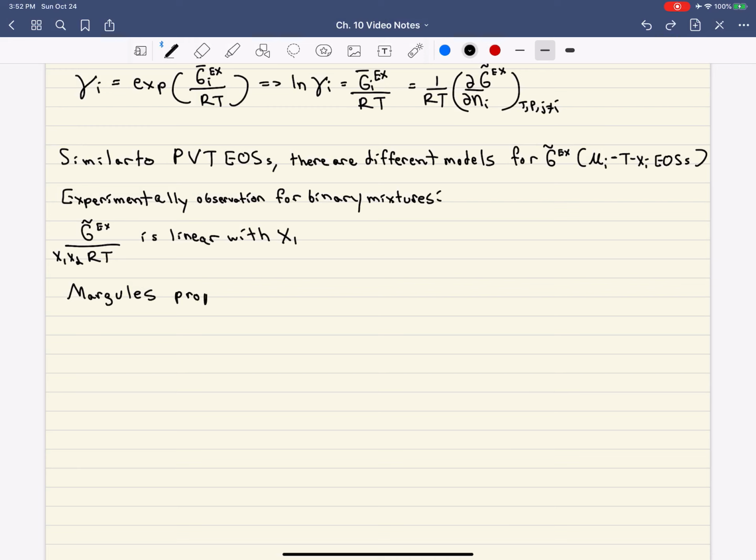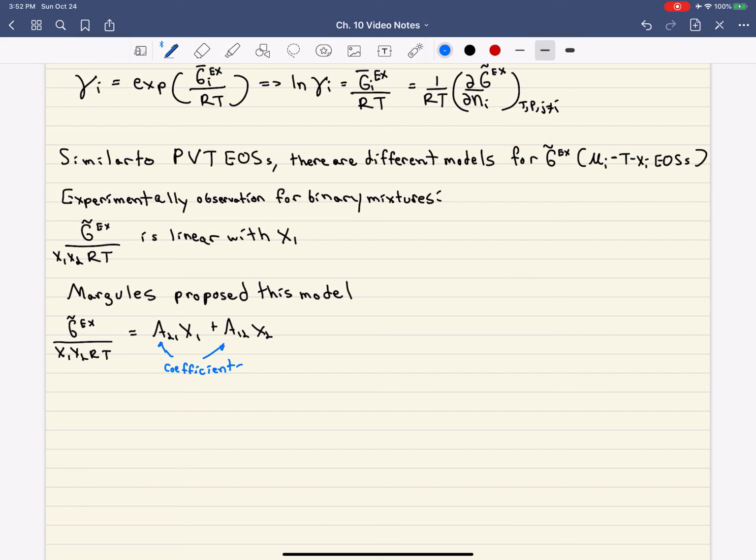Proposed this model, where this ratio here was going to be equal to this model here on the right, where we have A21 x1 plus A12 x2, where these A's are coefficients.